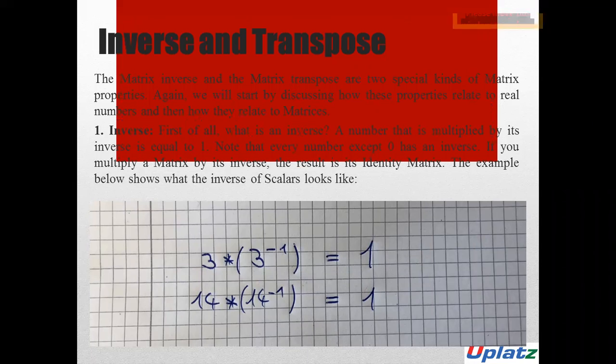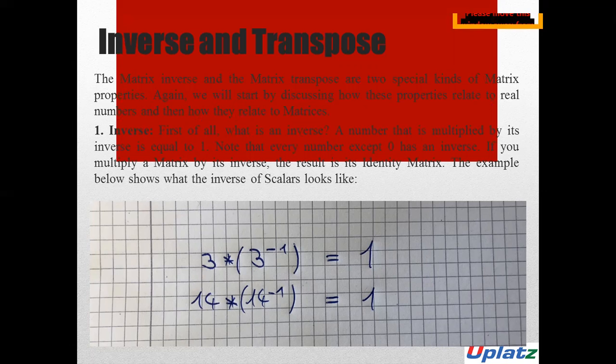Then we see inverse and transpose. So the matrix inverse and the matrix transpose are the two special kinds of matrix properties. So let's start with them one by one. So what is inverse? First of all, a number that is multiplied by its inverse is always equal to 1. Okay. So for example, 3 multiplied by 1 by 3 is 1, correct? So a number that is multiplied by its inverse is equal to 1, and every number except 0 has an inverse.